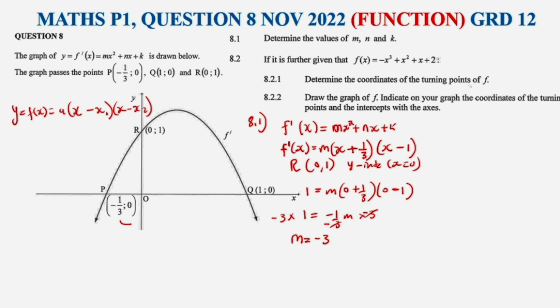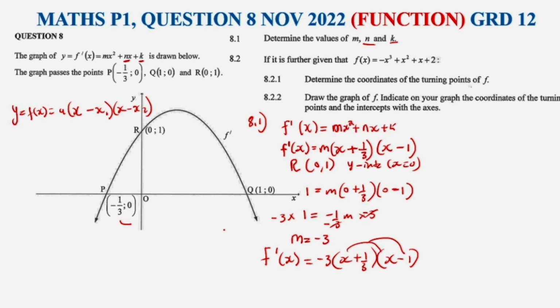So what we can do is substitute into our equation there. Our equation was f of x is equal to minus 3 into brackets x plus 1 over 3, brackets x minus 1. We can multiply out here and remove the bracket so that we find the values of n and k, since n is the coefficient of x and k is a constant.